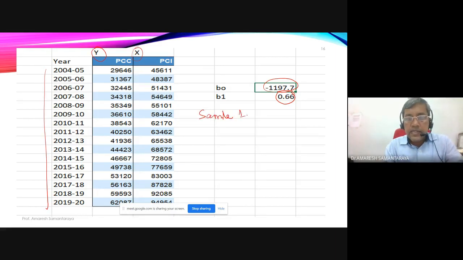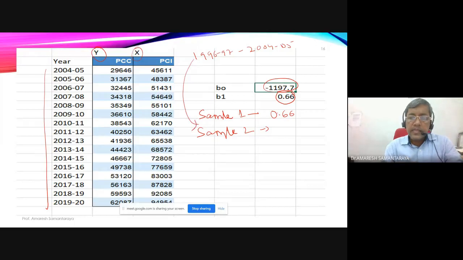For sample 1, b1, I got 0.66. Had I chosen sample 2, say I could have estimated this relation for 1997 up to say 2004-5. That could have been my second sample. Then maybe this estimate is say 0.51.